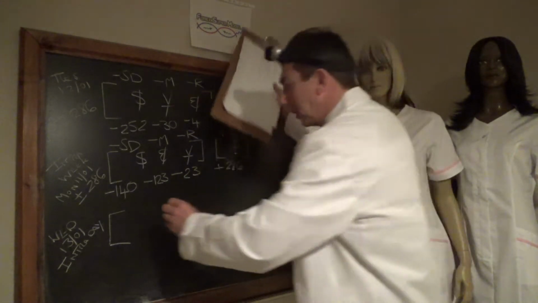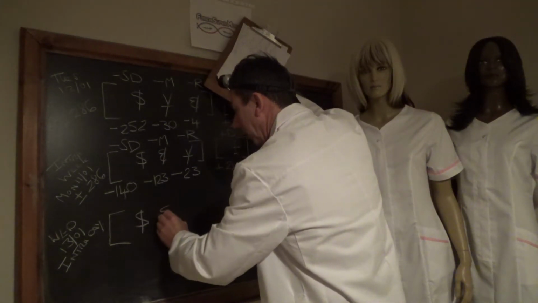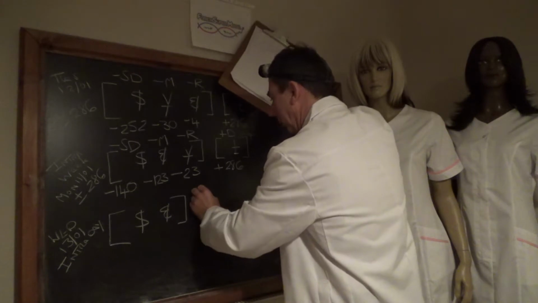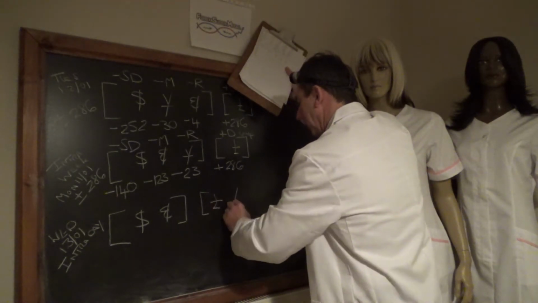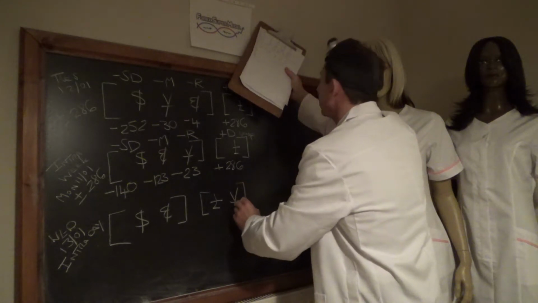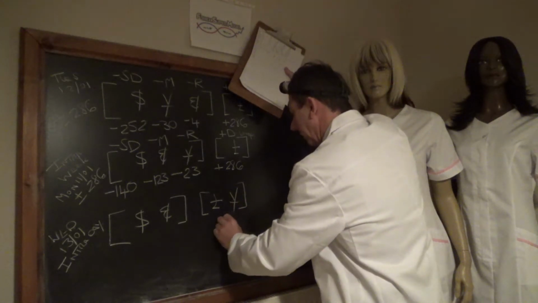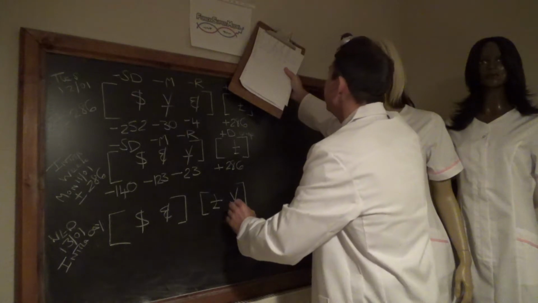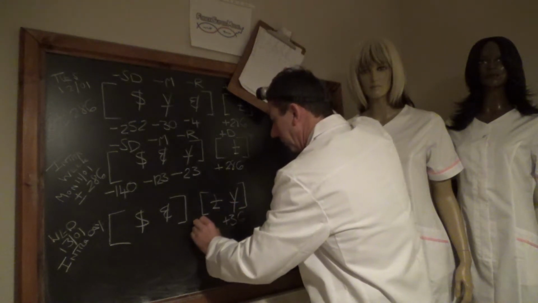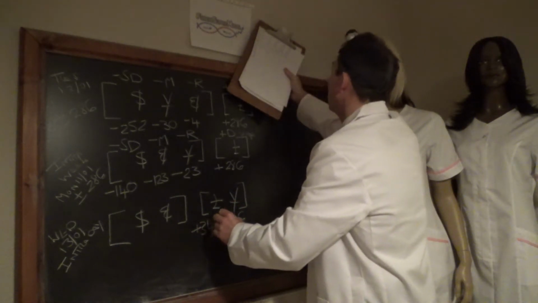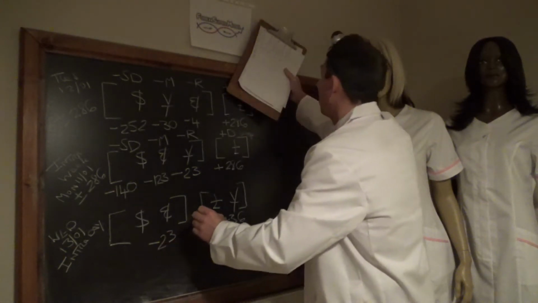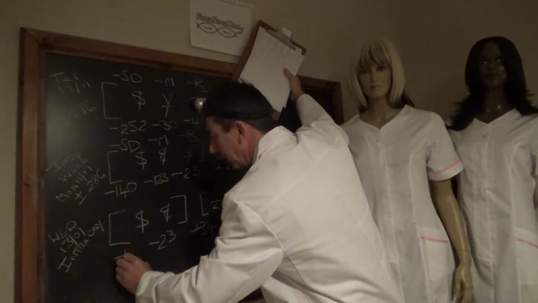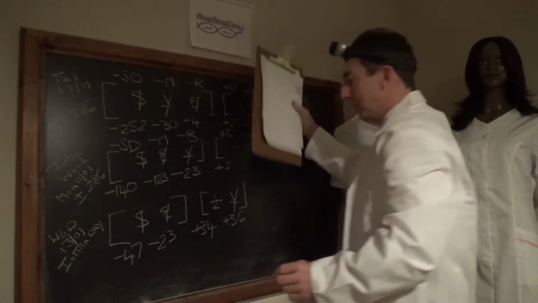So we've got dollar, euro on the negative, and pound, yen on the positive. Plus 36 for the yen, plus 34 for the pound, minus 23 for the euro, and minus 47 for the dollar.